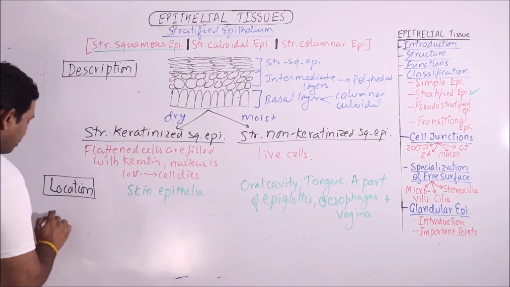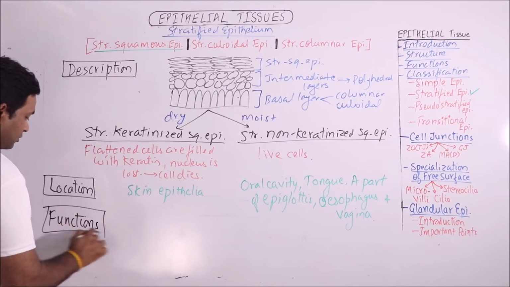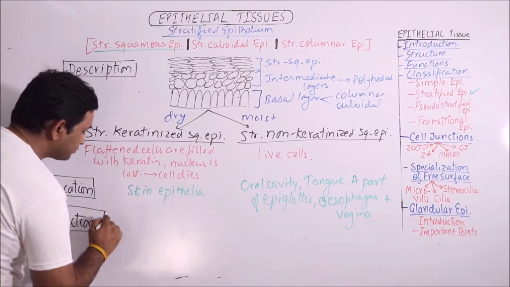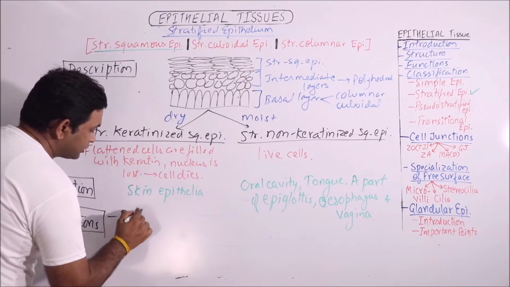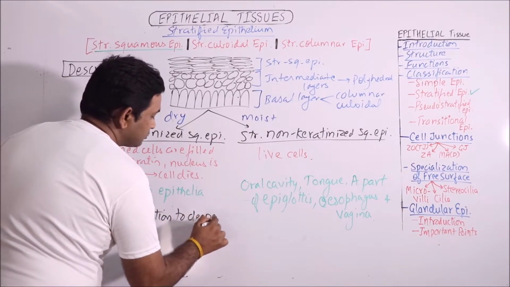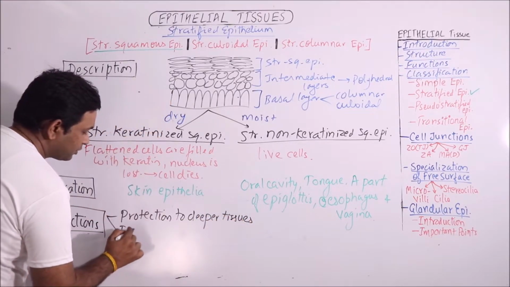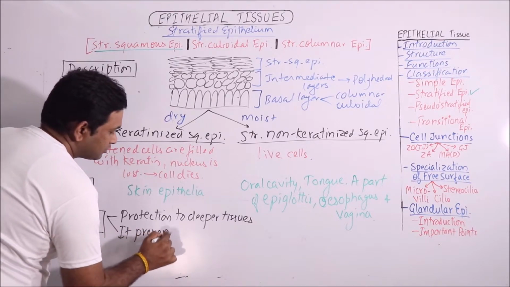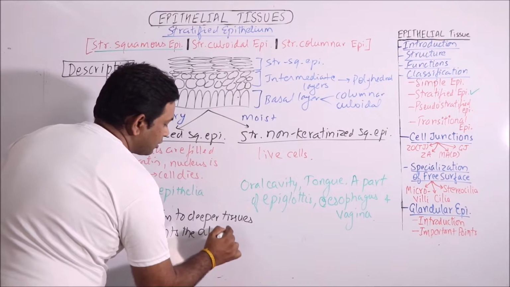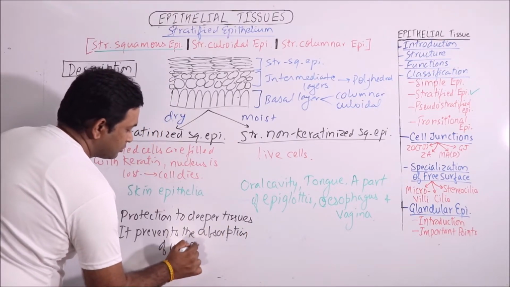Now what are the functions? Such epithelia provides protection to deeper tissues. In addition, it prevents the absorption of water.